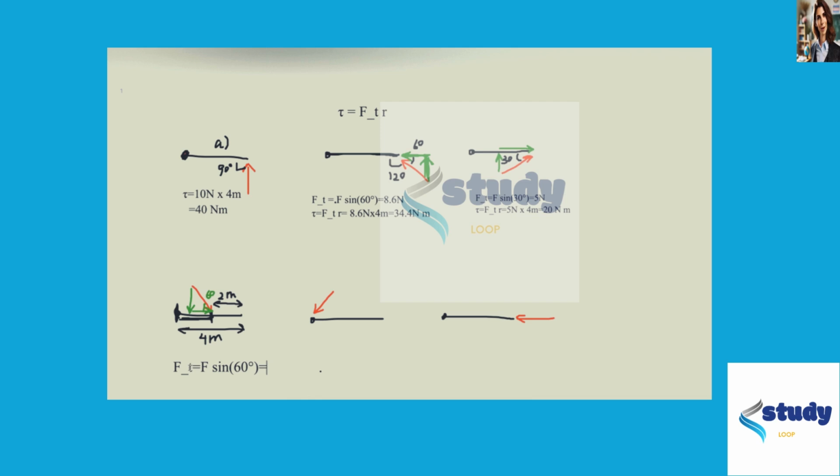So we've already calculated this. We know it's 8.6 Newton. And what changes is that when we do the second part, we calculate the torque, we are multiplying it by 2 meters instead of 4 meters. And that gives us 17.2 Newton meter.